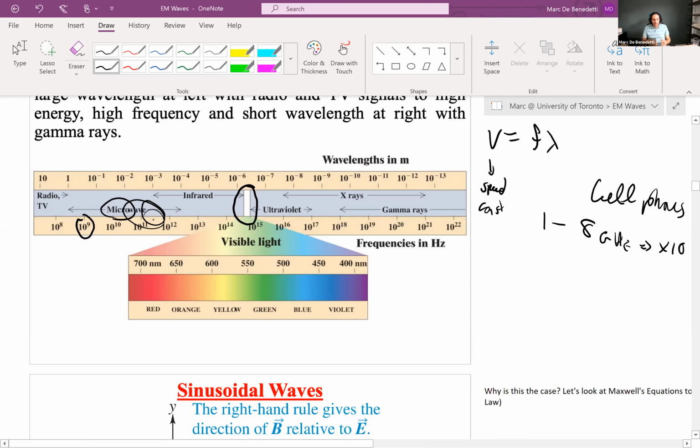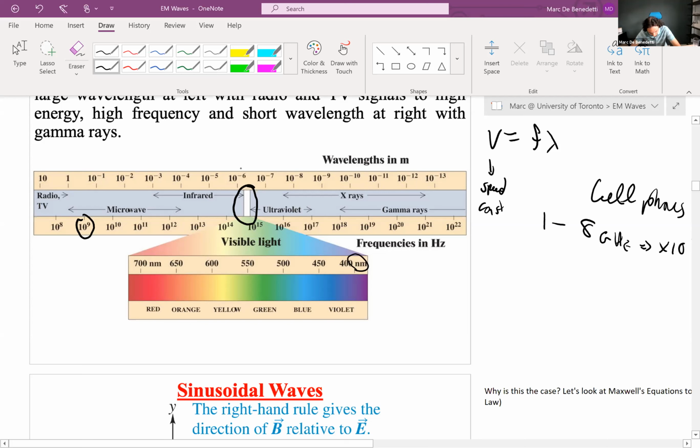But anyway, beyond the microwave region, we call it infrared. Now, infrared is wavelengths in and around 10 to the minus 5, 10 to the minus 6. Humans are usually accustomed to using nanometers because those are the wavelengths we can see.